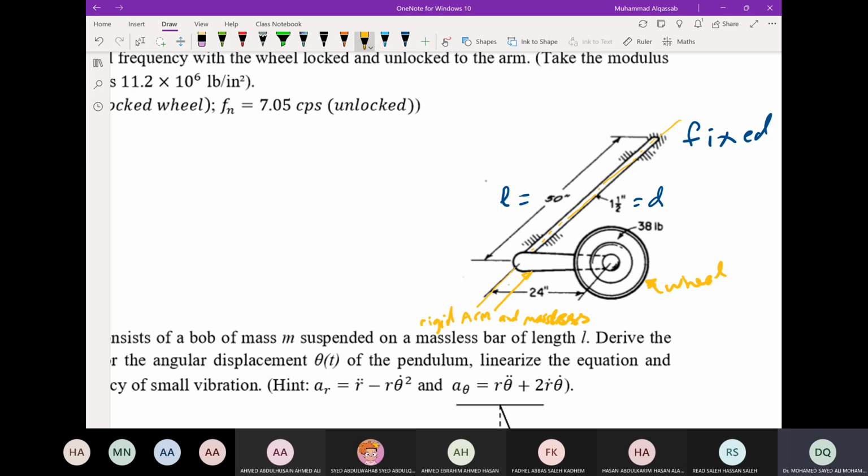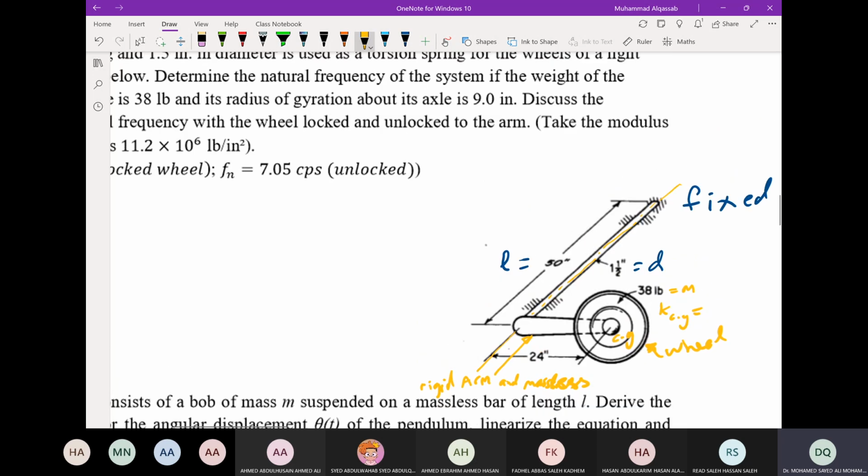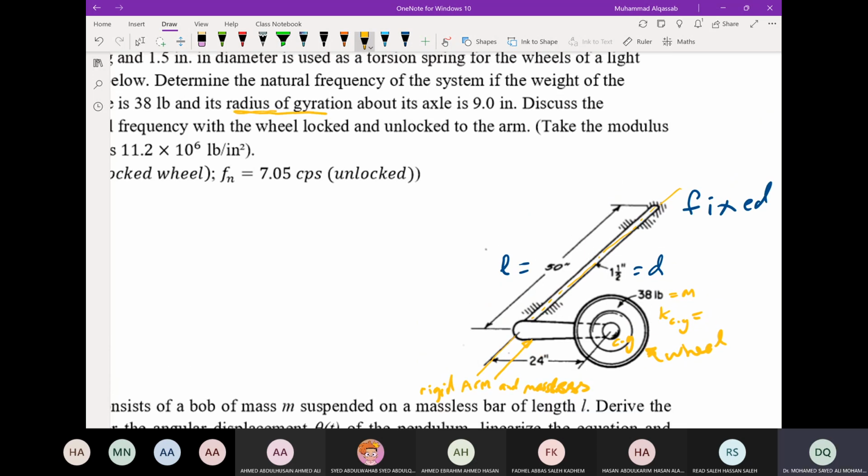Okay, so the arm is rigidly attached with the shaft, and the wheel has a mass equal to 38 pounds and has a radius of gyration, if this is point CG, so that KCG, which is the radius of gyration, is given. Radius of gyration about its axis is 9 inches.